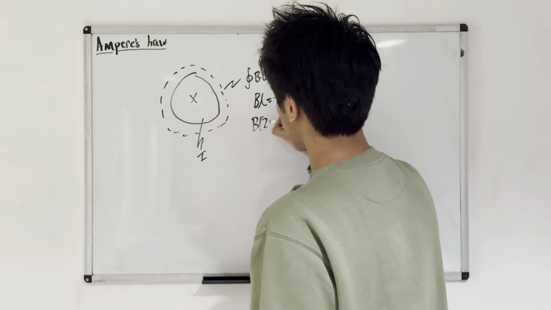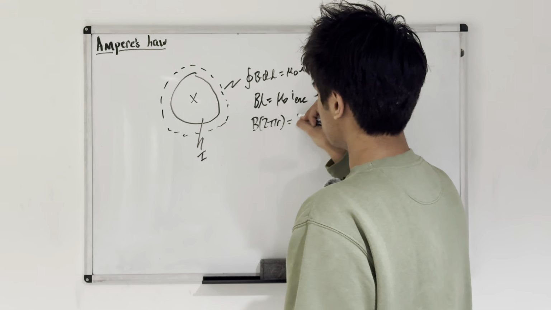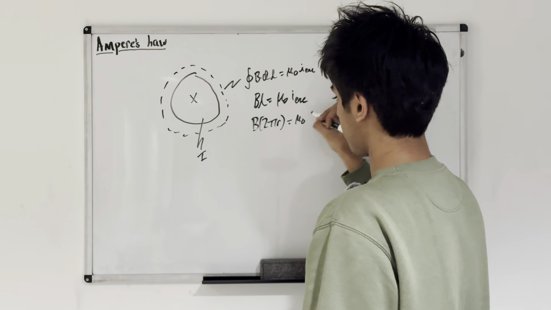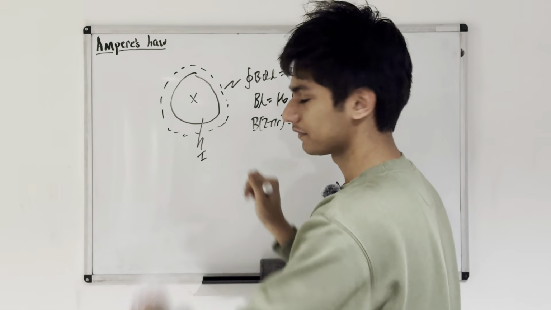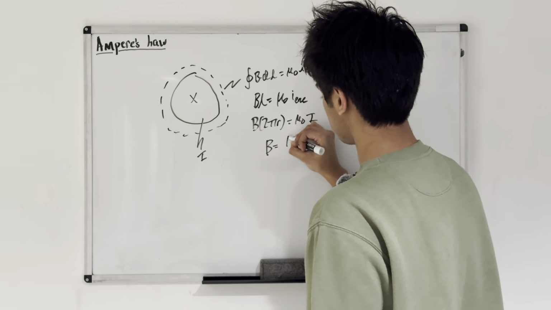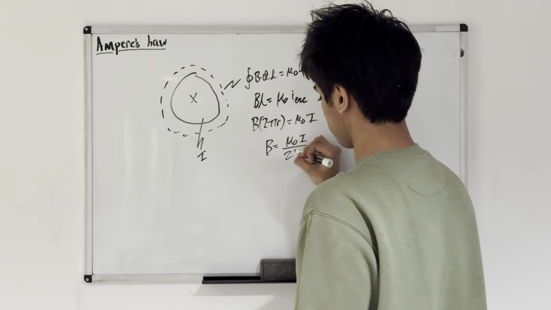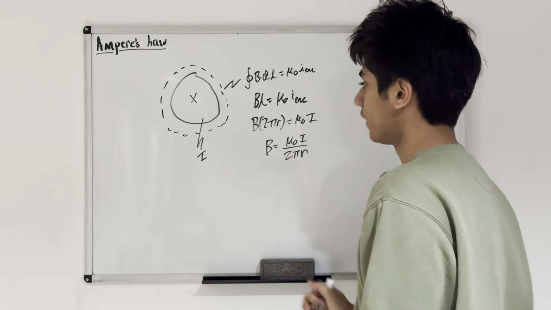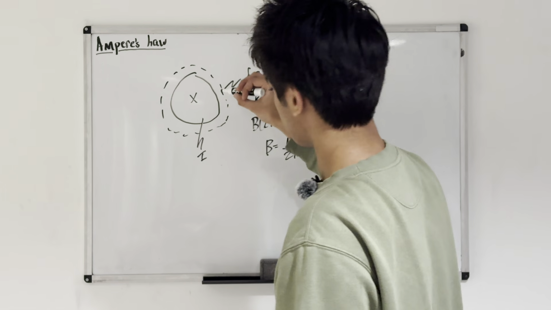So B times 2 pi r is equal to mu naught I enclosed, which is just I, because we're enclosing the current. And so our magnetic field on the outside is equal to mu naught times I divided by 2 pi r. Okay, now let's do another Amperian loop, but for the inside.